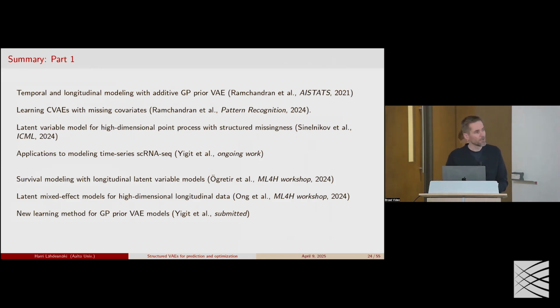We have also changed the GP prior with a linear mixed model prior to get a sort of similar performance. And then we have some work which tries to improve the underlying methodology so that the performance improves across all these methods. But it's still sort of unpublished.